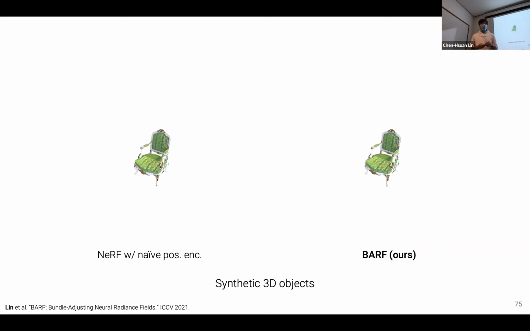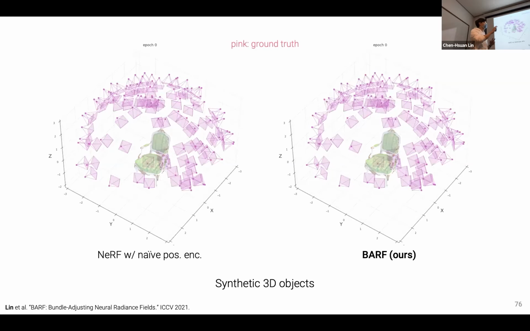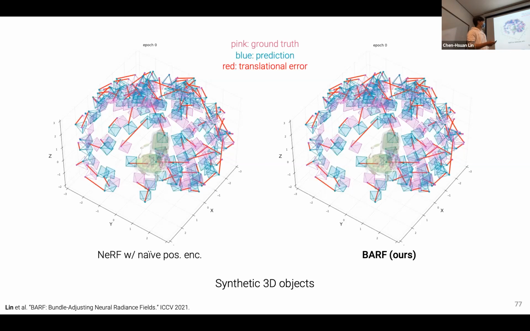We can look at the NeRF case where we have multiple view observations of the same chair here. The pink cameras indicate the ground truth cameras, and we compare against the baseline where we only have naive positional encoding, and we initialize the cameras with the same amount of camera perturbations.